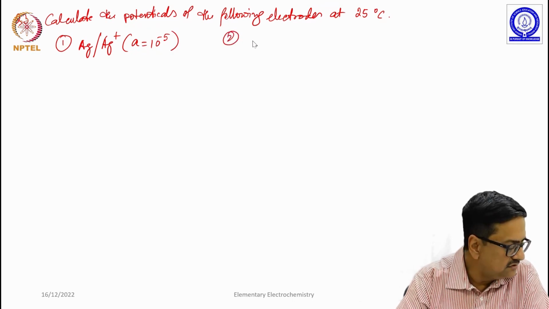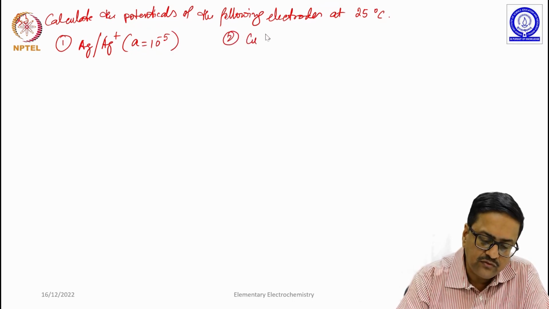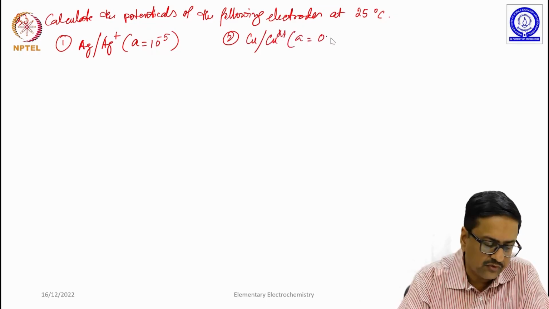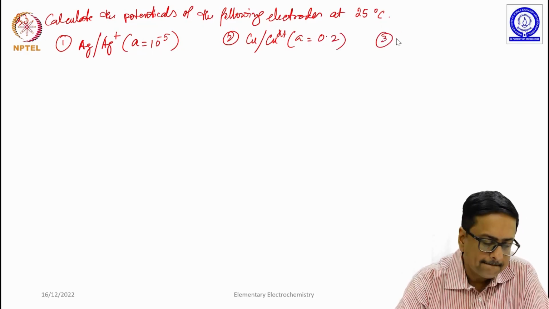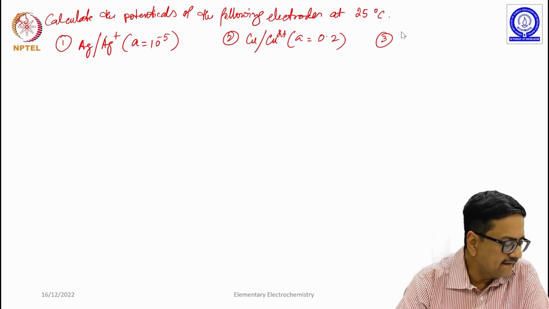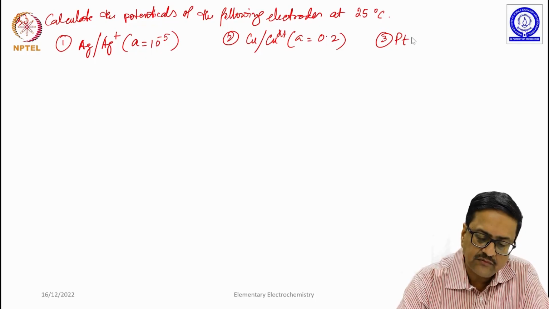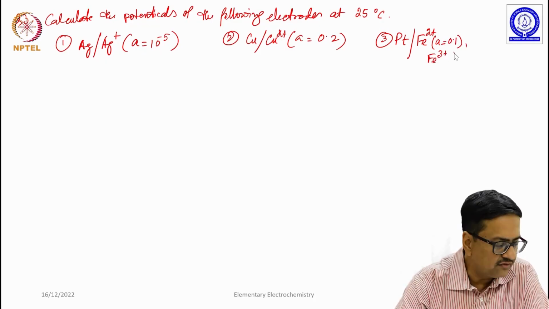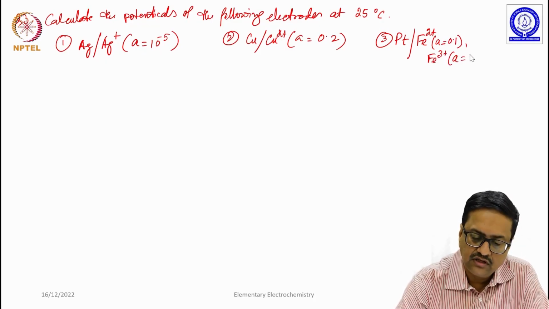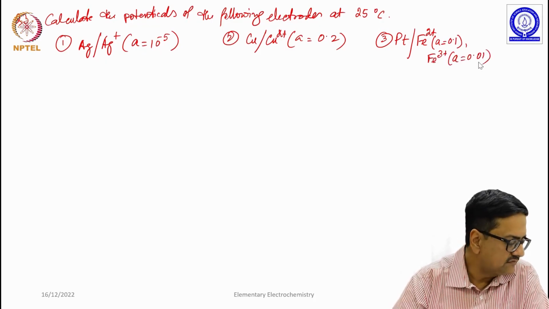Number 2: Cu2 plus with activity equal to 0.2, and number 3 is a platinum electrode in equilibrium with Fe2 plus of activity equal to 0.1 and Fe3 plus of activity equal to 0.01.